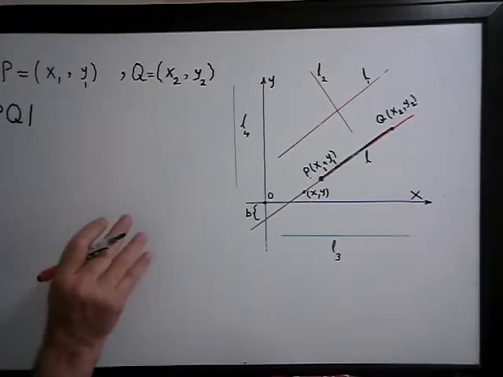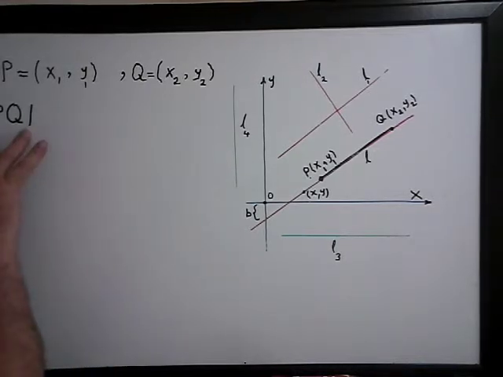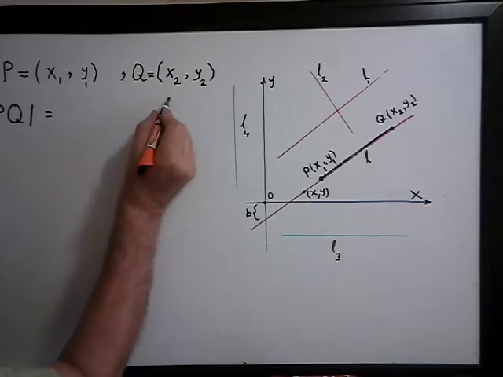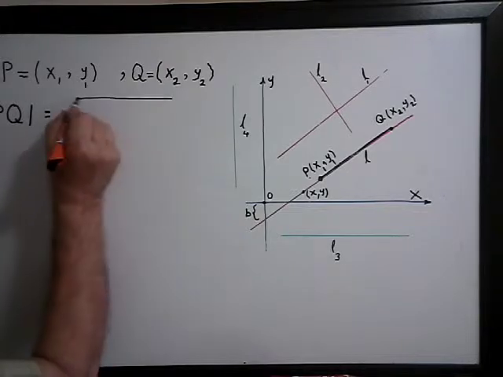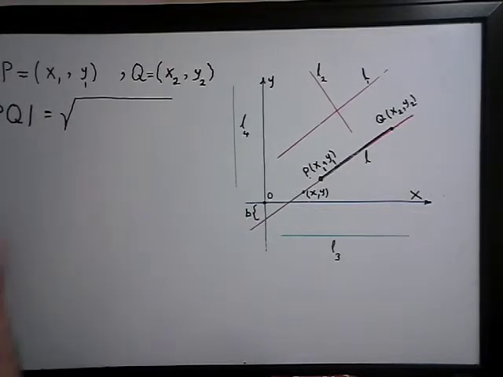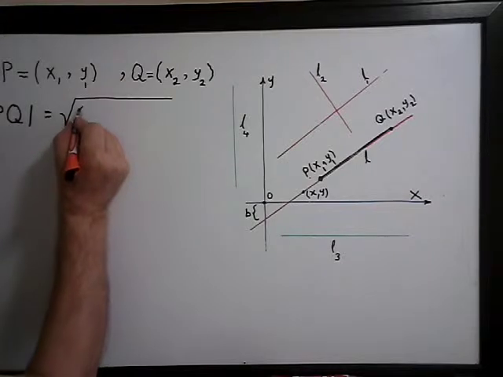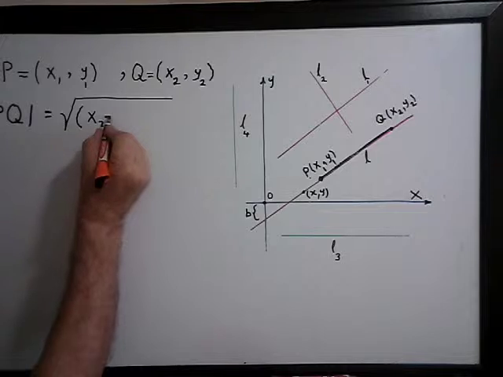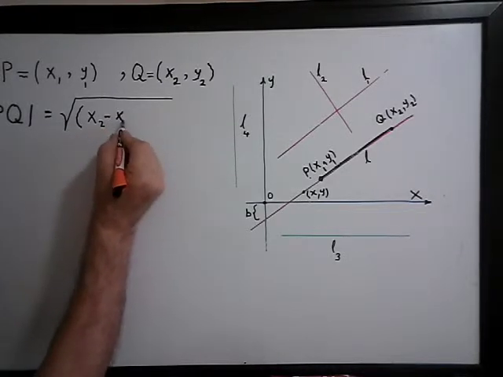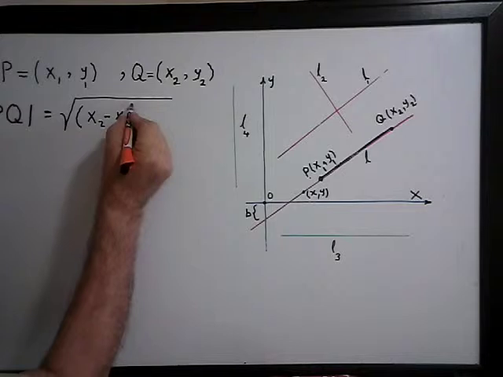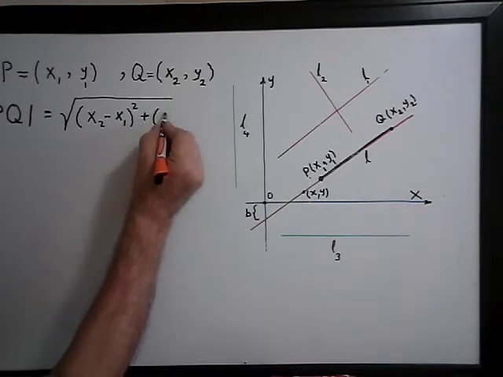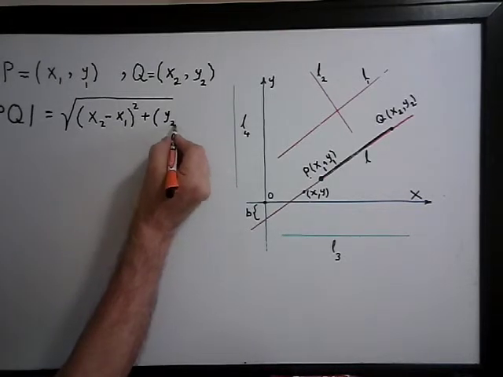So to confirm it's not negative, we put the absolute value, is equal to the square root of x2 minus x1 squared plus y2 minus y1 squared.